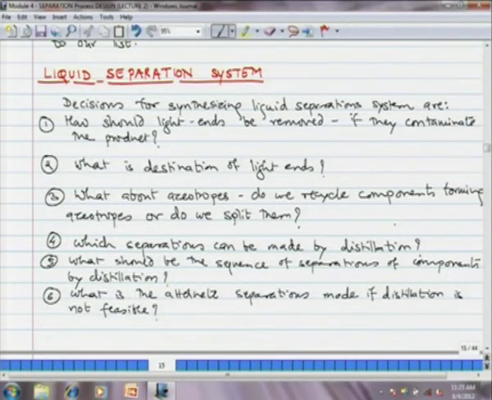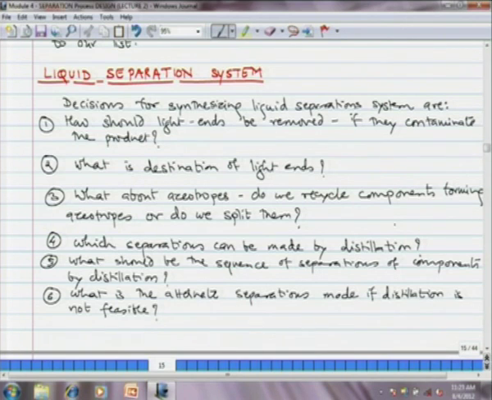For example, in a petroleum refinery, these light ends are usually C1 to C4 components: methane, ethane, ethylene, propane, propylene, butane, butene, butadienes. These are the light components, and they have to be removed before you start your main distillation operation. So the first question is how should the light ends be removed?